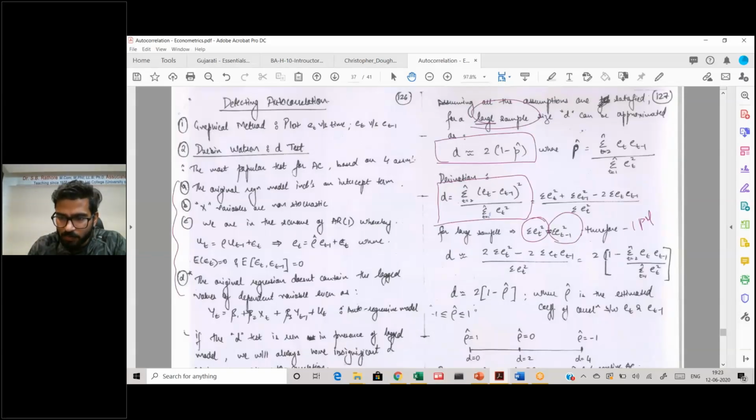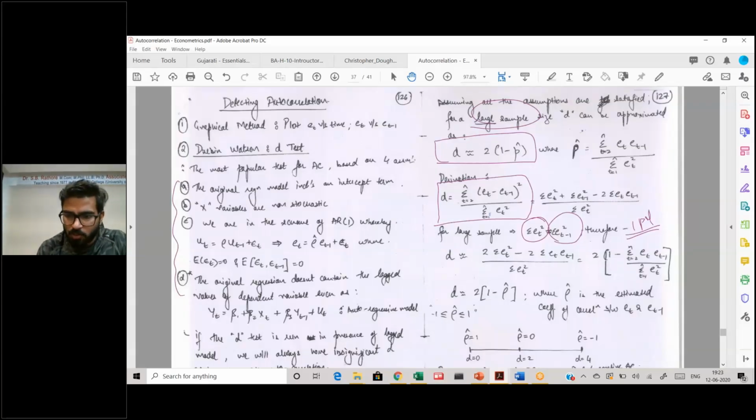You are summing up the error terms in period t, and you are summing up the error terms in period t minus 1. So the difference between the two is just one period. In a very large sample, these will be very similar, so you can take them as common.